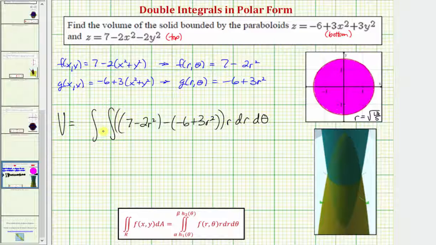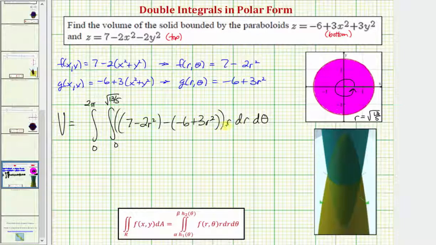And now we need to find the limits of integration for r and theta that would trace out this area in the xy plane. Well, we know r would be from 0 all the way to the square root of 13/5. So limits of integration for r are from 0 to the square root of 13/5. And then to trace out the area, we have to rotate one full revolution. So we have from 0 to 2 pi radians, which would be the limits of integration for theta.